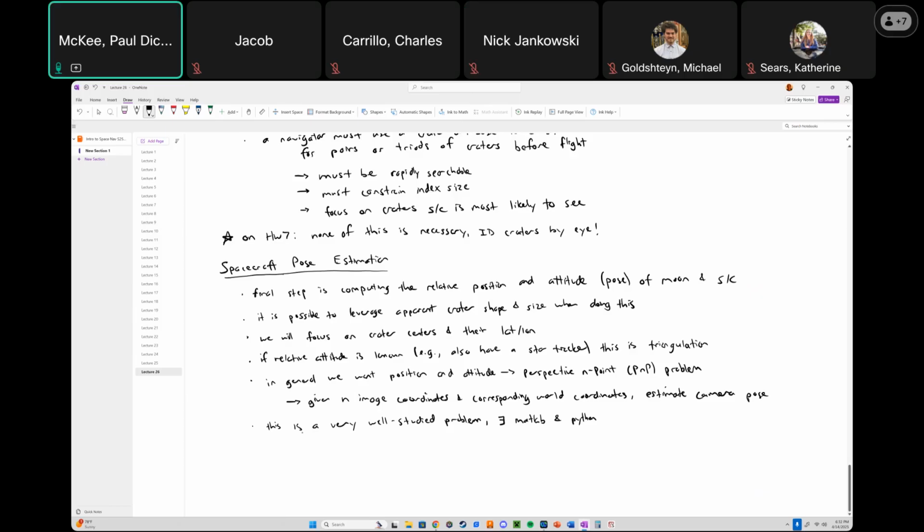There's not really any image processing for homework 6. You're just trying to find, okay, I'm going to click on this horizon point and just write down its number and hard code it into my script. That's fine. I'm not asking you to write a script to find crater centers. You can just load them up in Paint and then just find the pixel coordinates, however you want to do it.